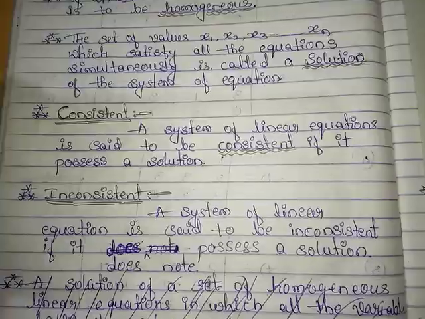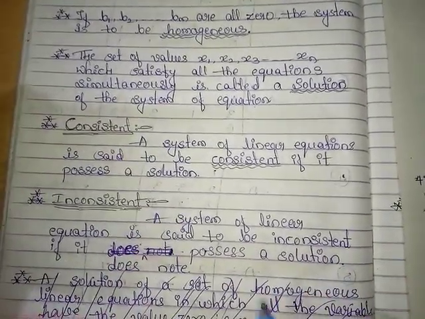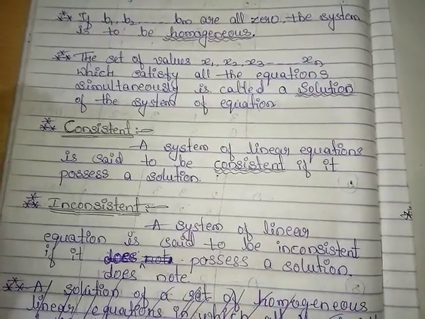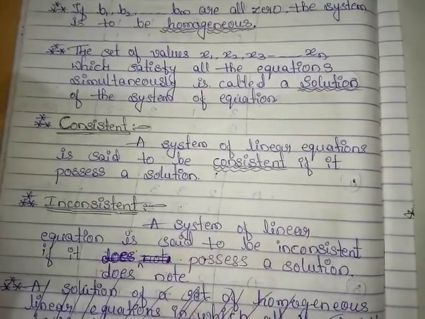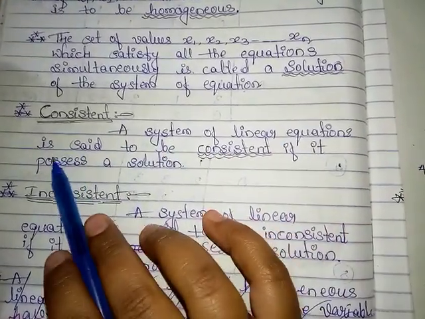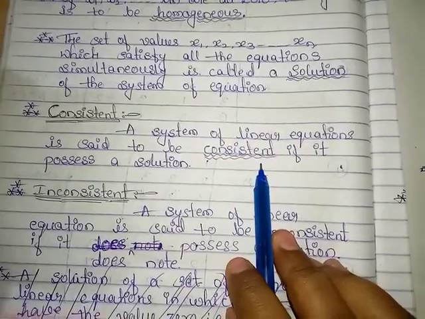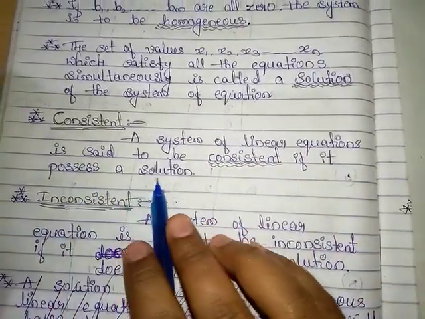Next, definition of consistent. What is meant by consistent? When we say the given linear equations are consistent, a system of linear equations is said to be consistent if it possesses a solution.